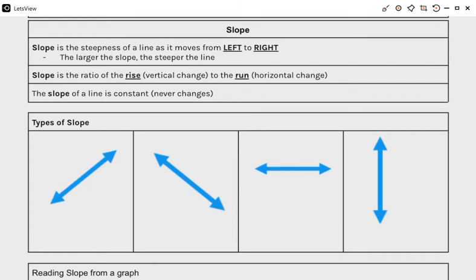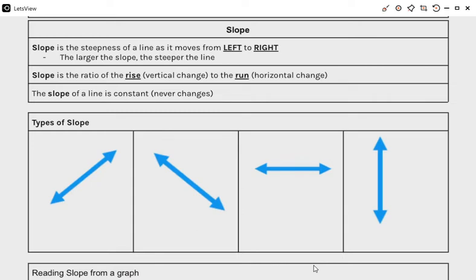So in this video, we are going to start talking about types of slope and slope from a graph. The slope just measures the steepness of a line, okay? And it measures the change in your y, which is the rise, how far up and down, and the run, which is the change in your x, how far side to side.